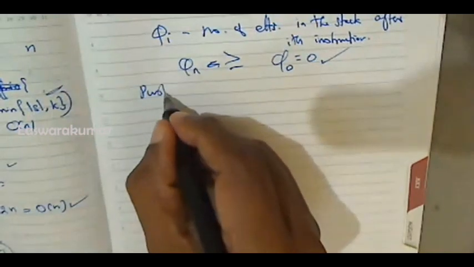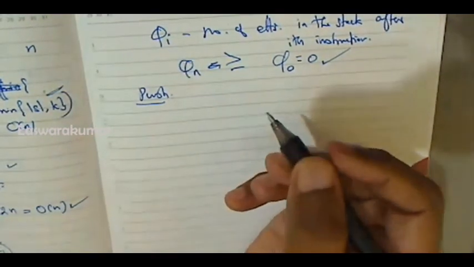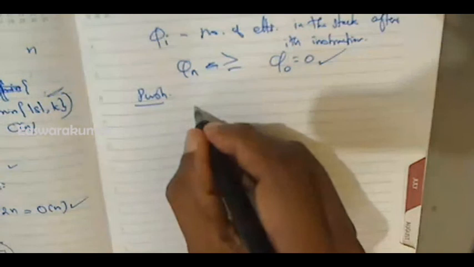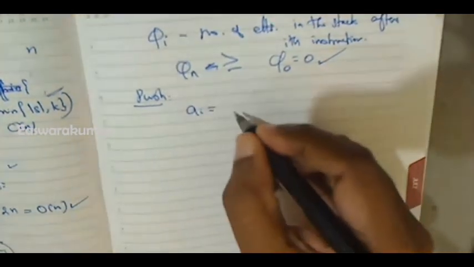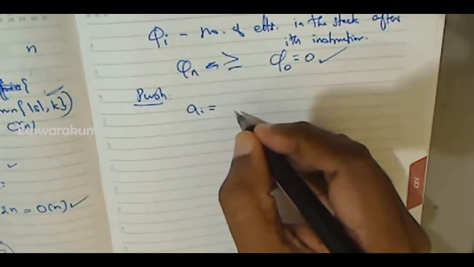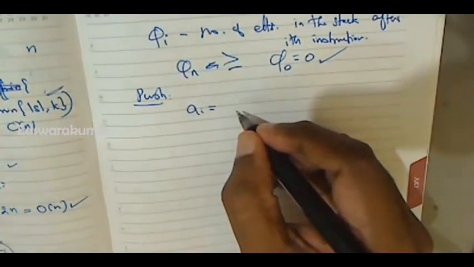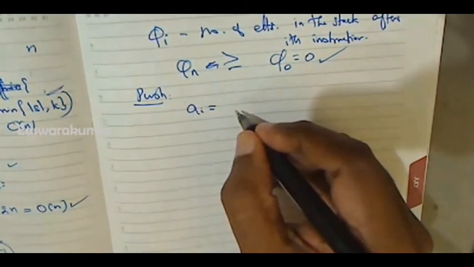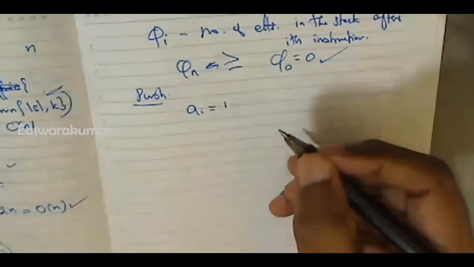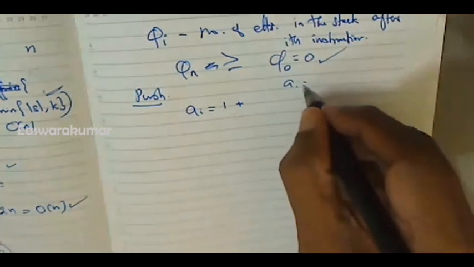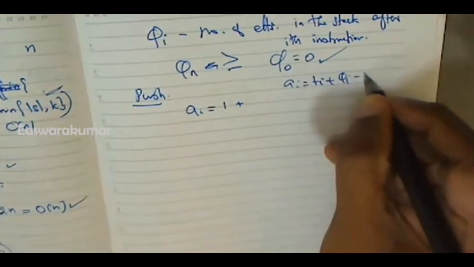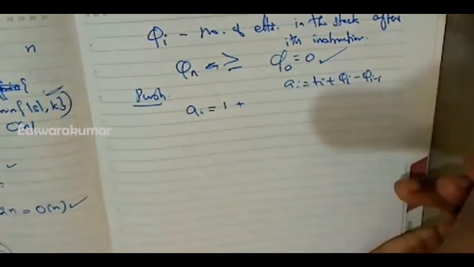Now, what are our instructions? First we take the push instruction. If the ith instruction is push, the actual cost T_A is 1 unit for pushing one element. Our formula is A equals T_A plus pi i minus pi i minus 1.